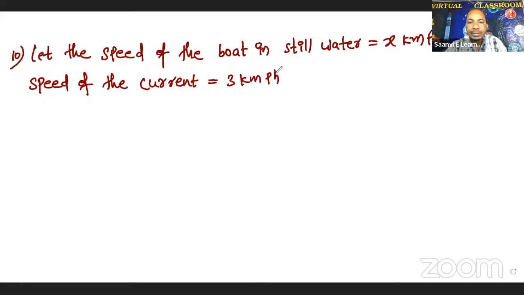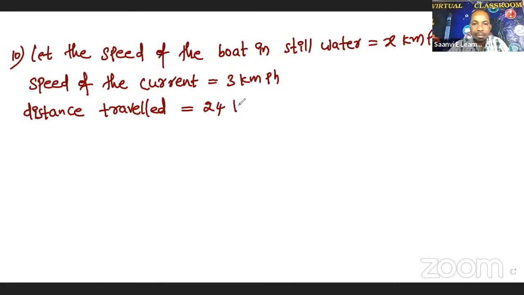And the distance traveled is 24 kilometers.